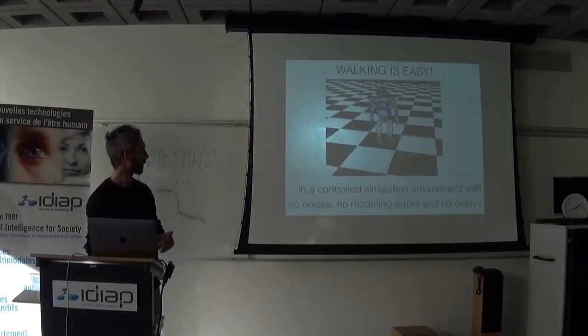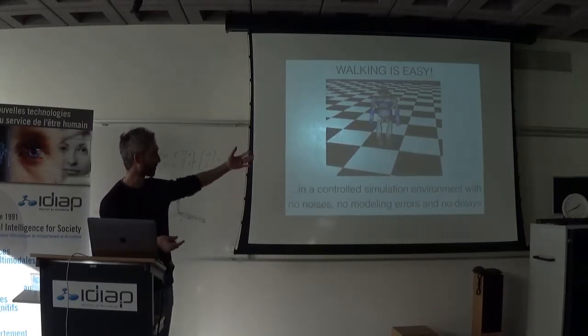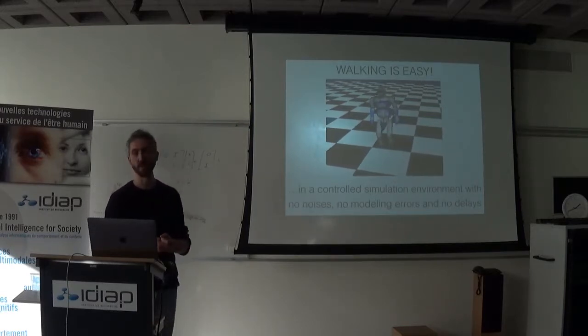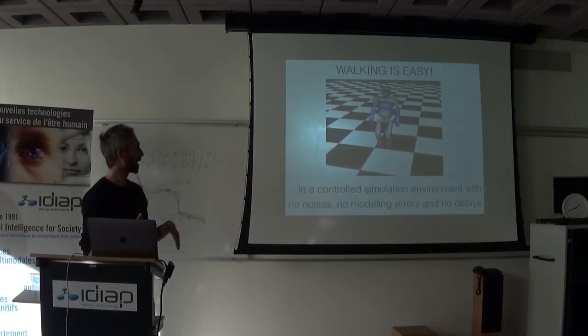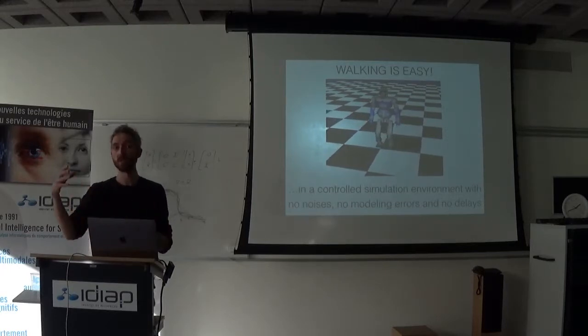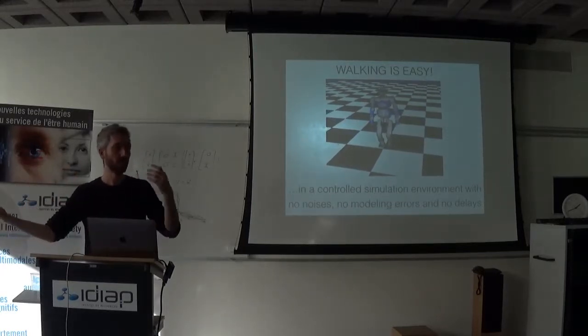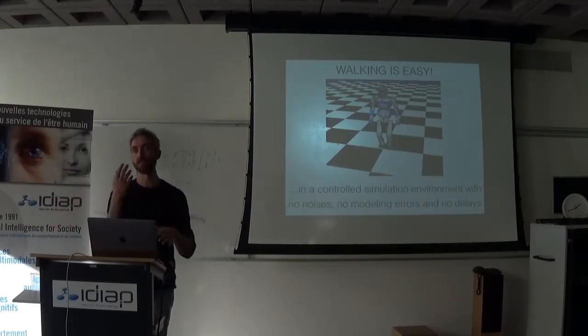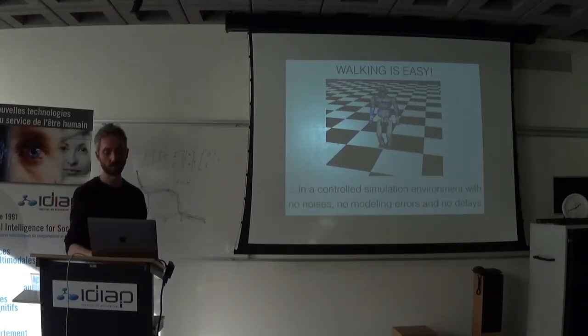The problem is, here we are in a controlled simulation environment where there are no noises, so all my measurements are perfect. I have no modeling errors, so the model of the robot that the controller has is exact, and I have no delays in the sensor measurements and in the control action.